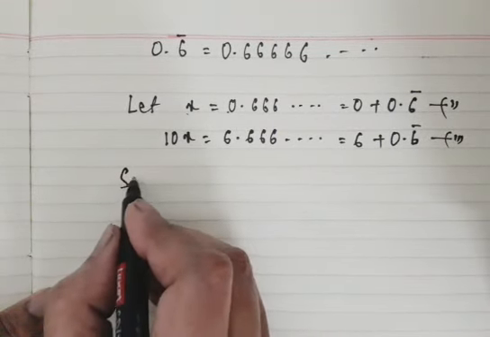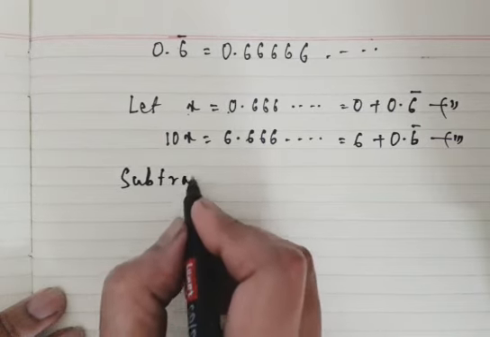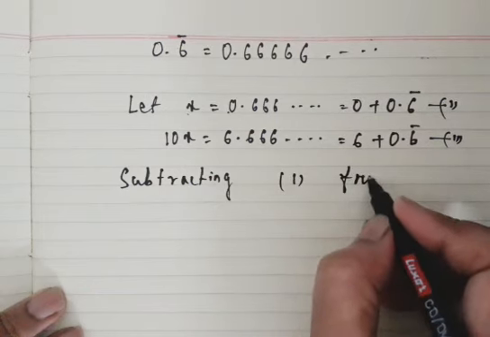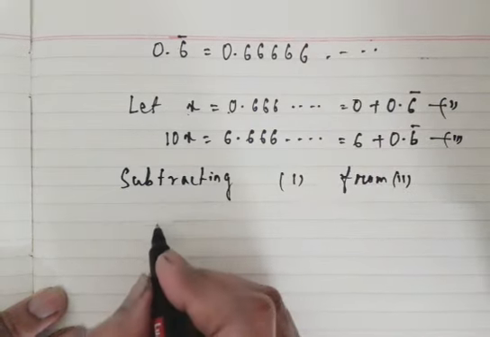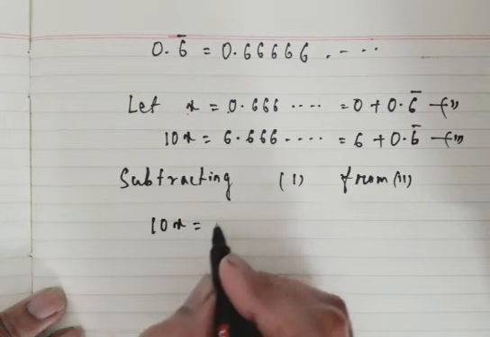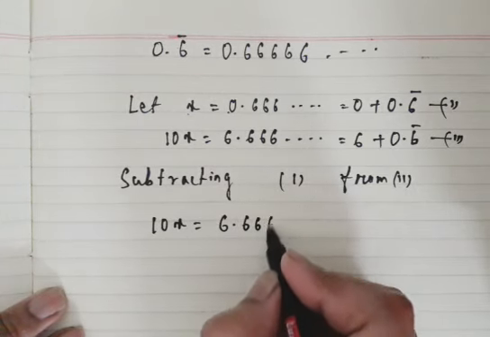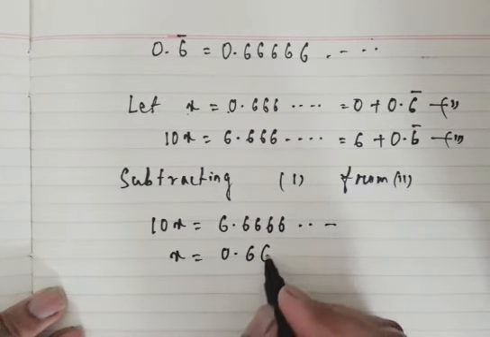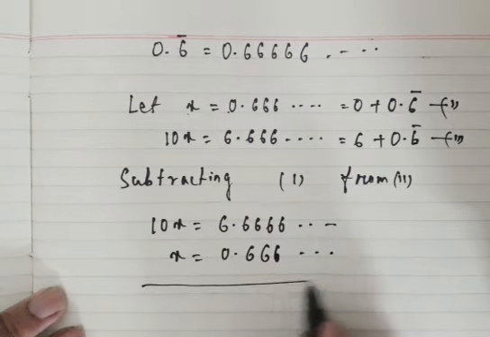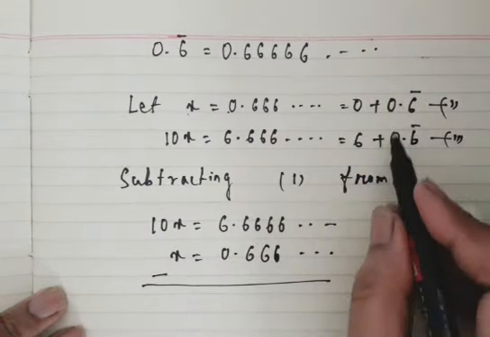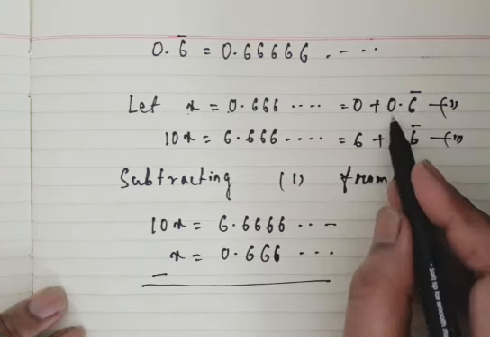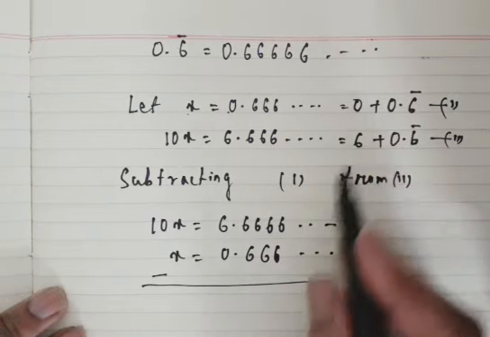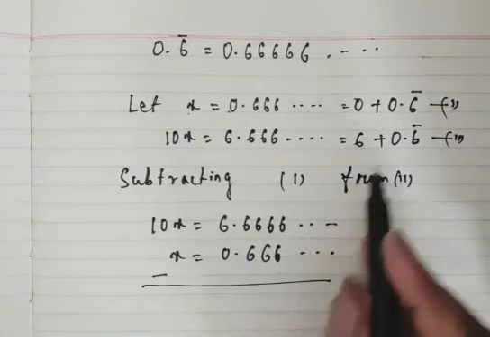After that, let us subtract 1 from 2. We write 2 first, and x equal to 0.666 like that. Now if we subtract, the decimal parts are the same, so we can cancel them out. I have written it only to explain to you, but here there is no need to write in that form.